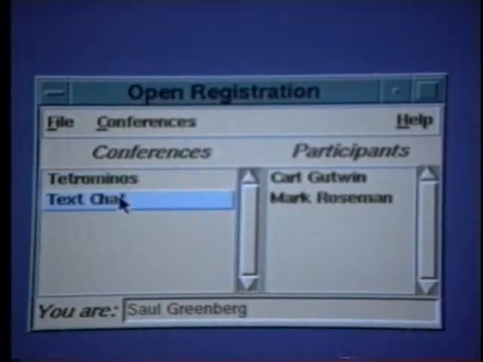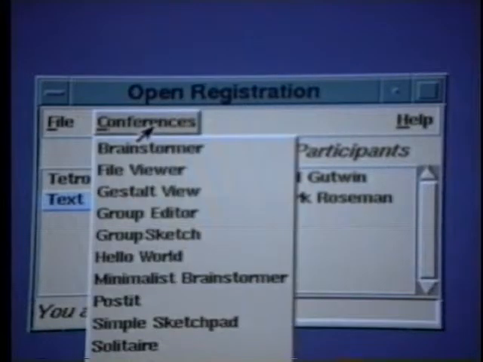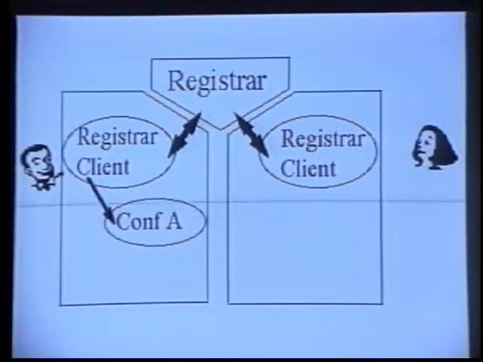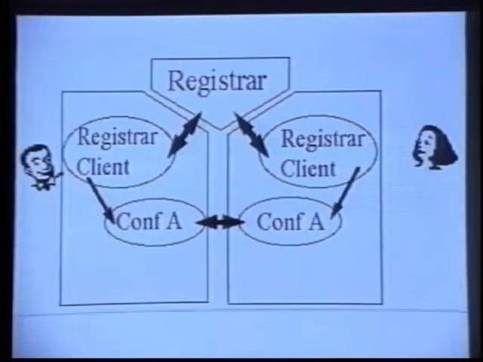This client sets a policy plus look and feel for how users create, join, and monitor conferences. Other users have their own copies of a registrar client. Through the client, a user creates a conference application. Participants see this listed in their own client and can join to it. Other conference applications are started in exactly the same way.